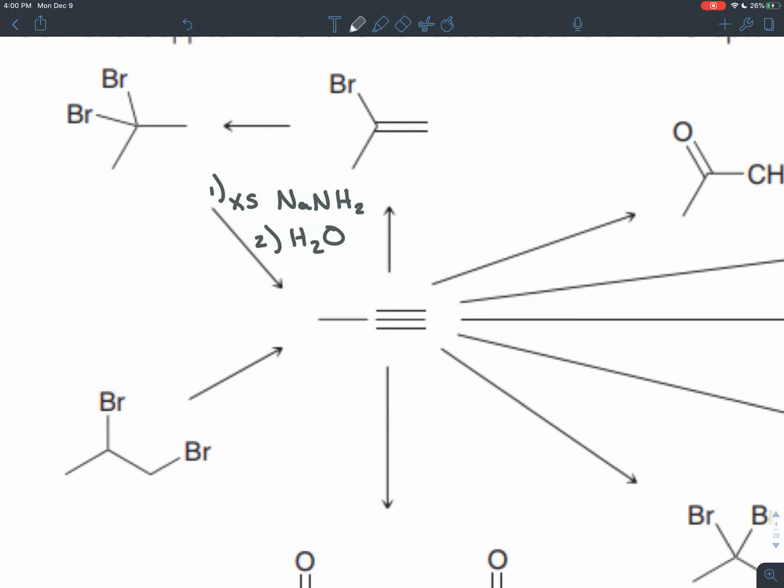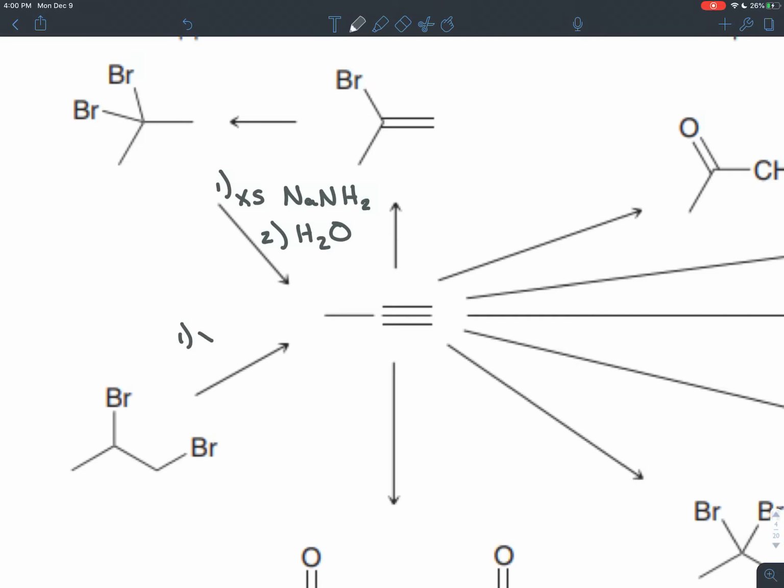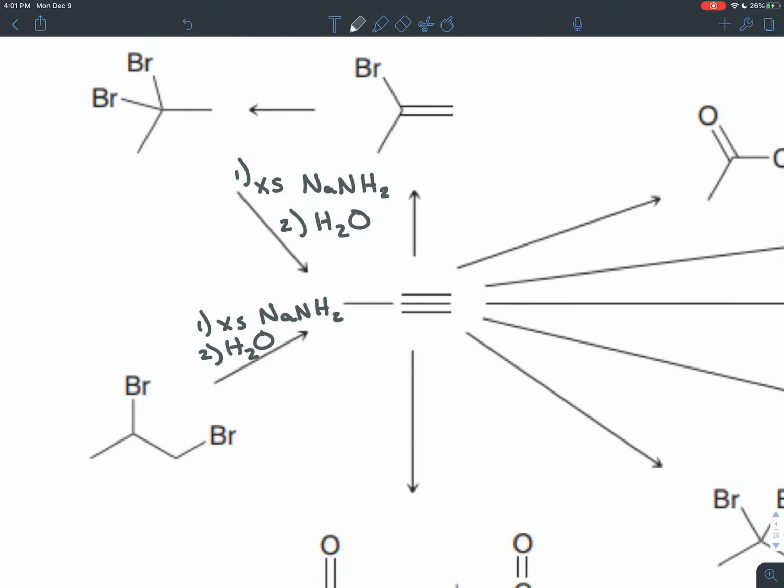So when you're doing these elimination reactions, you use excess base, sodium amide, NaNH2, and you follow that up with a water wash, so here H2O. And that will give you an alkyne, no matter whether the two leaving groups are on the same carbon, that's called a geminal dihalide, coming from the Latin word for twins, like the zodiac sign Gemini stands for twins, or vicinal, that's if the leaving groups are on neighboring carbons.